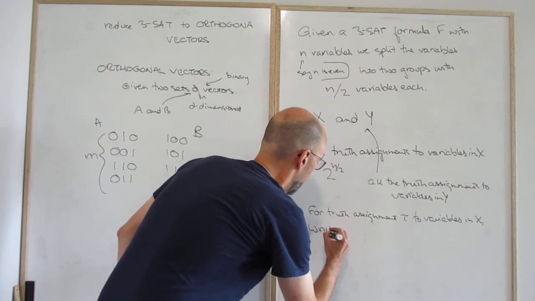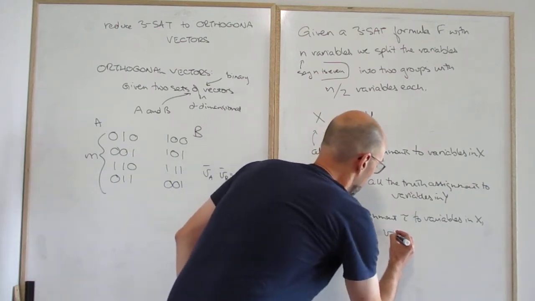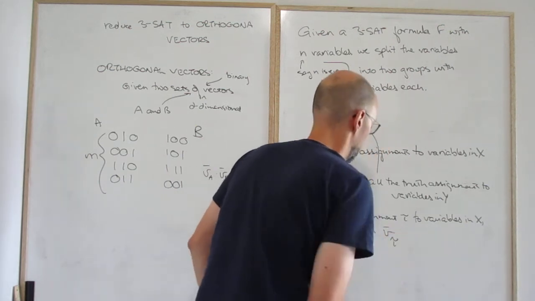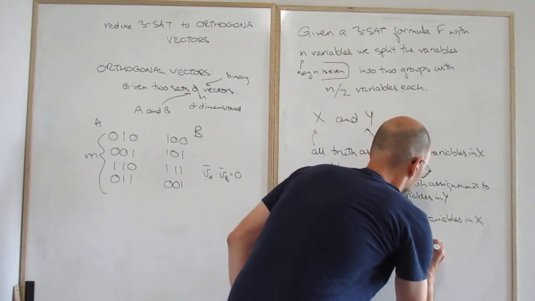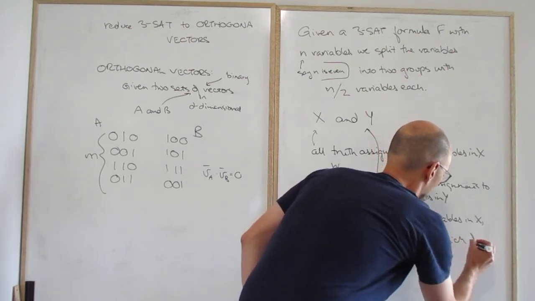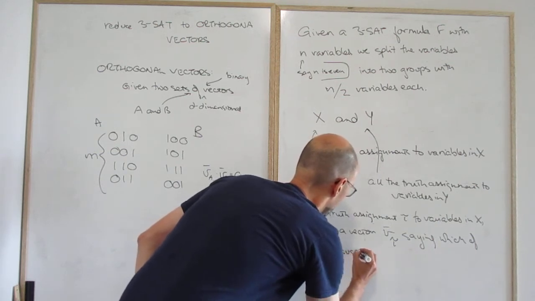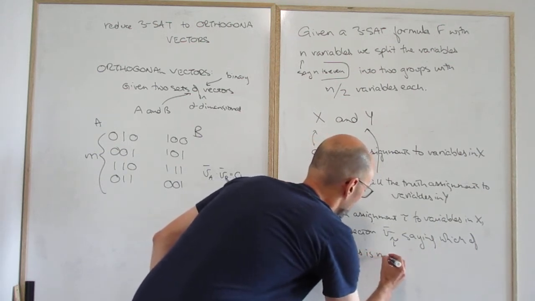We write a vector v sub tau saying which of the clauses is made true by tau.